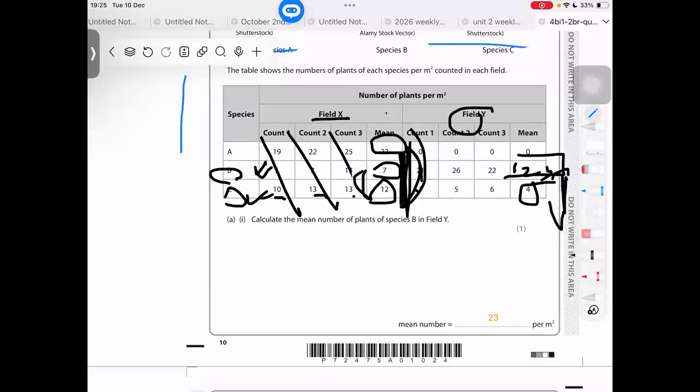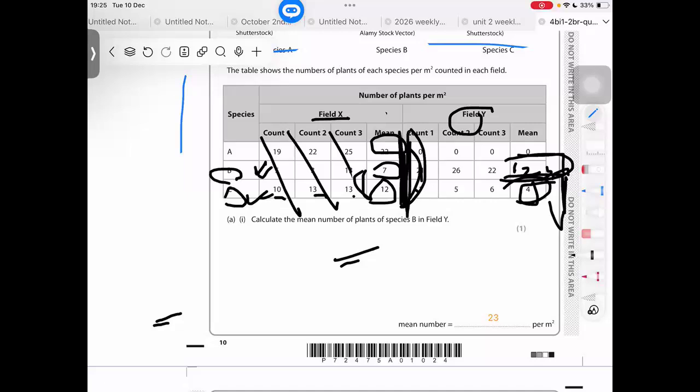How do we say that a species is distributed evenly? When there are almost equal numbers of individuals in those species. But in one species there's 23, and in another it's just 4. So you can mention that there is uneven distribution in field Y.